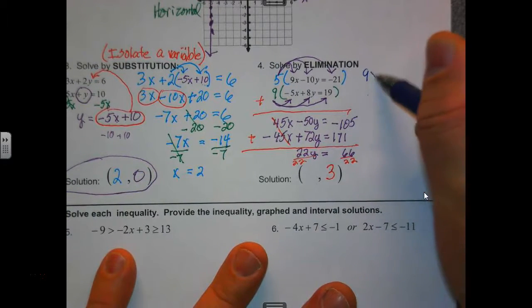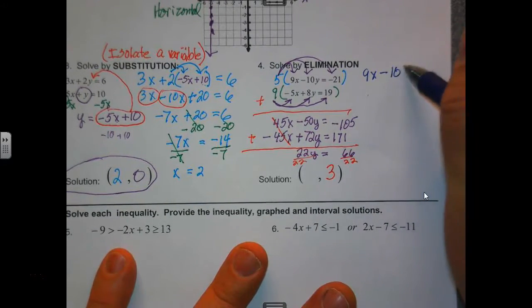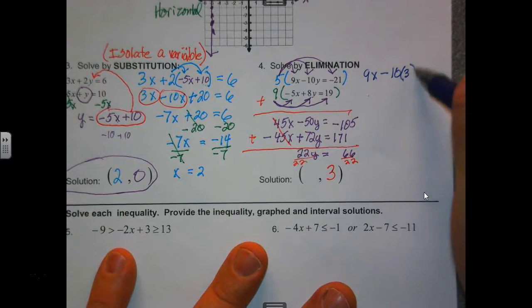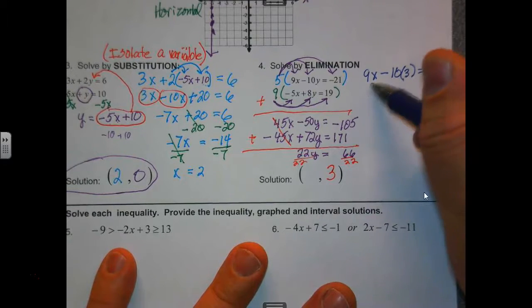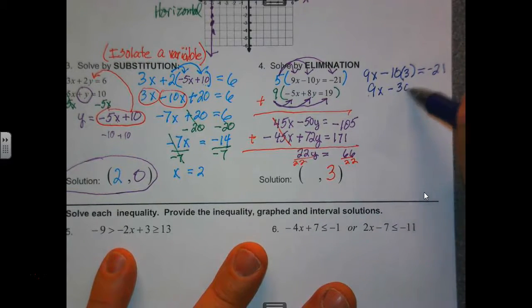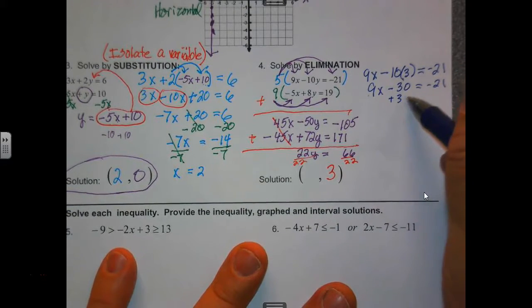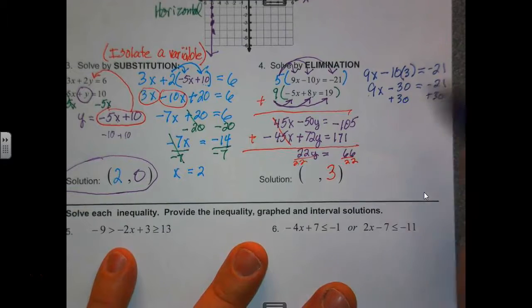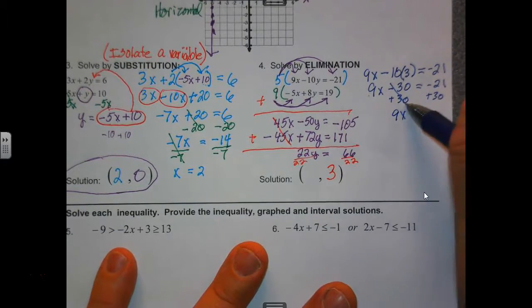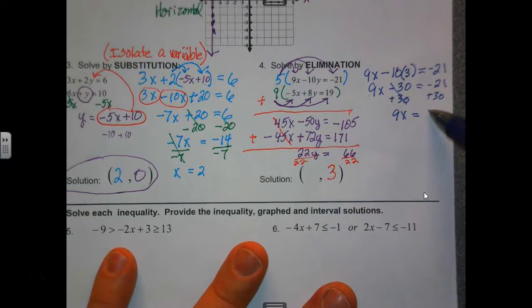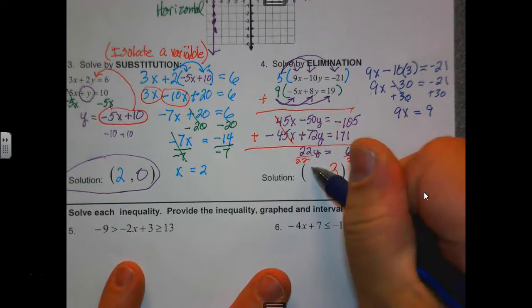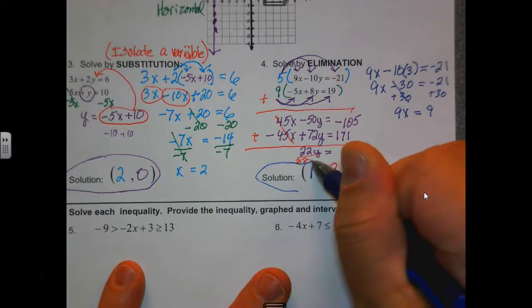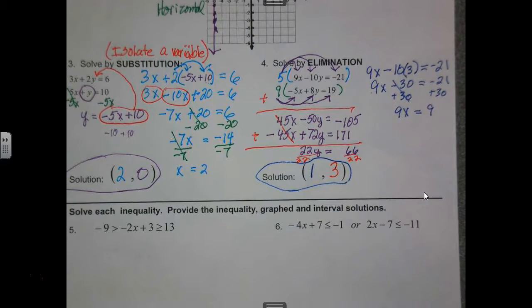Okay, I have 9x plus negative 10 times my y, which is 3, equals negative 21. 9x minus 30 equals negative 21. Add 30, add 30. So 9x equals positive 9. So what does x equal?